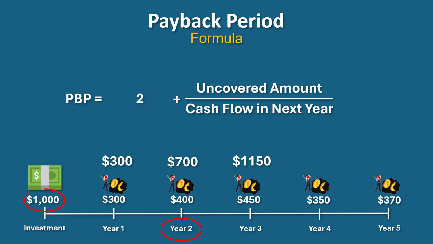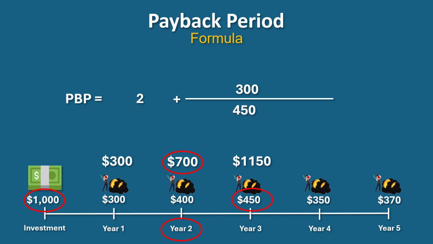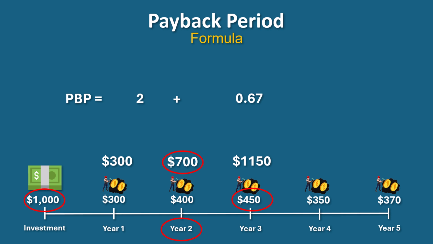The uncovered amount is $1,000 minus $700 equals $300. The cash flow in the next year, year 3, is $450. So, 300 divided by 450 equals approximately 0.67. Then, year 2 plus 0.67 equals 2.67 years.